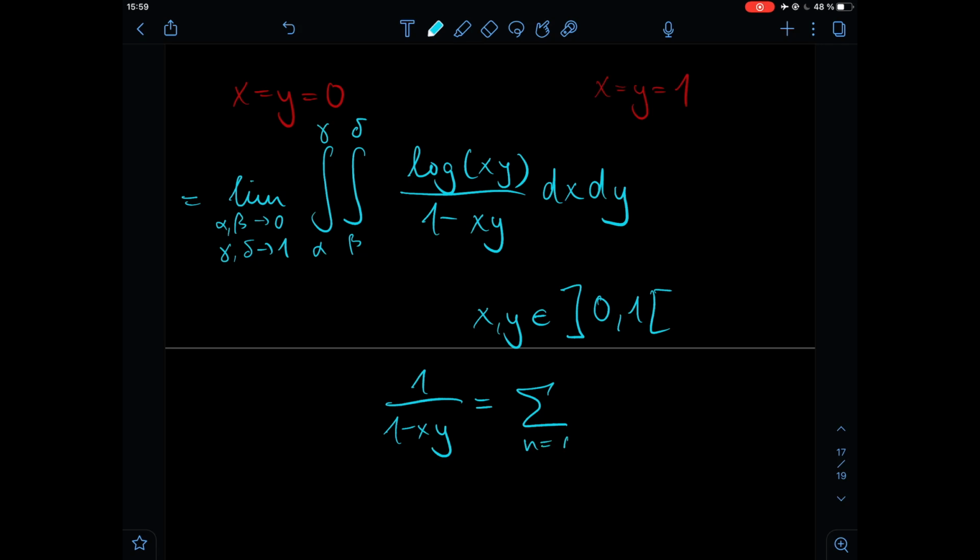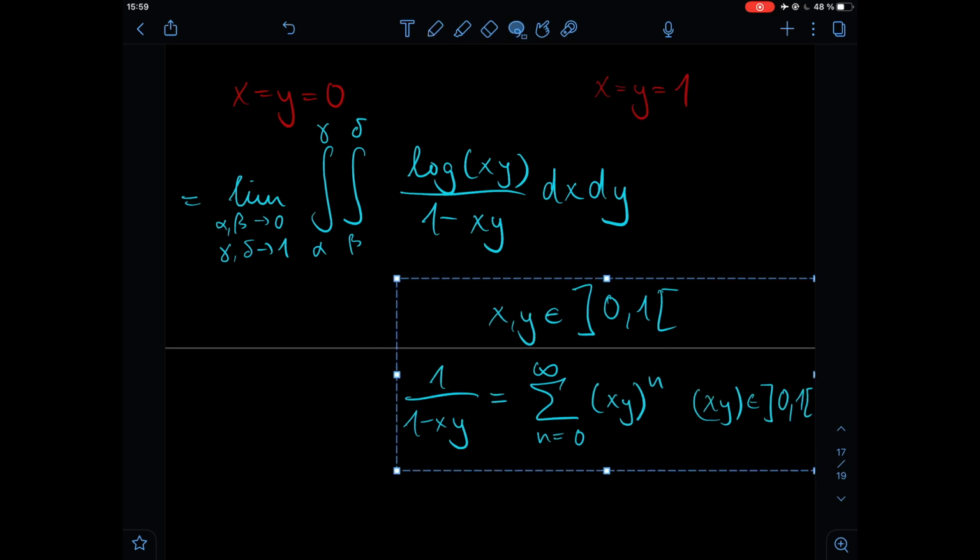So a geometric series starting at n equals 0, going up to infinity, and x and y being powered to the n. So this is converging if x and y, the product of both, is in the interval from 0 to 1 with 0 and 1 excluded. And if both x and y are in this interval, then the product of them is as well.